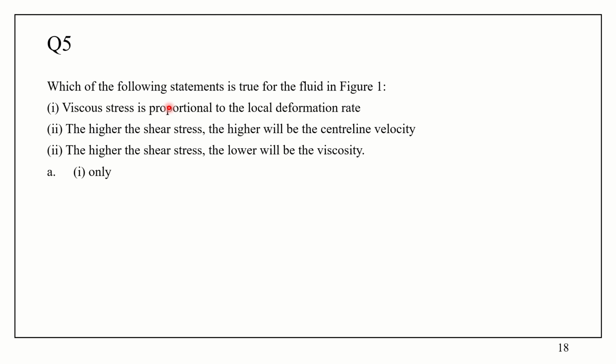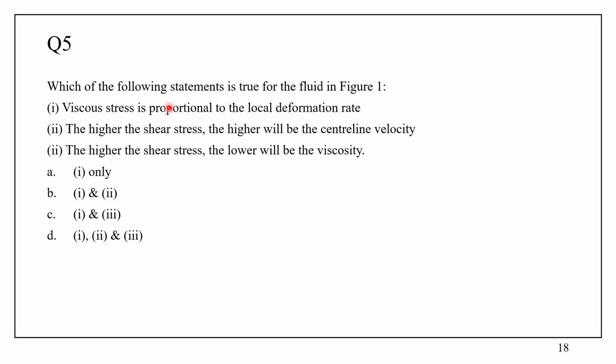So option A is 1 only. Option B is 1 and 2. Option C is 1 and 3. Option D is 1, 2 and 3. So which do you think is the right answer? I repeat the question again.